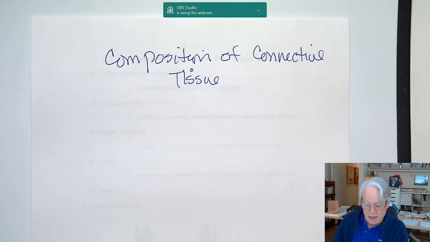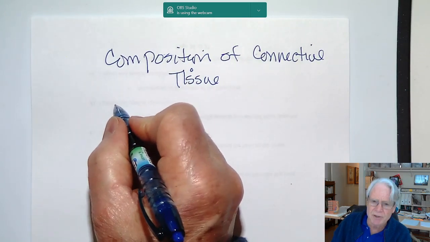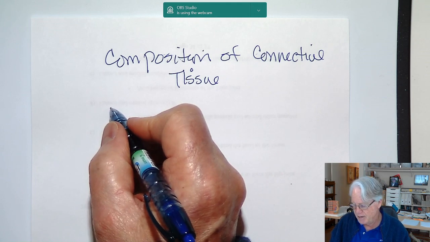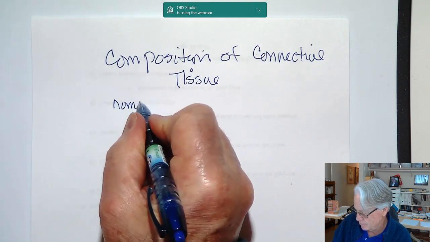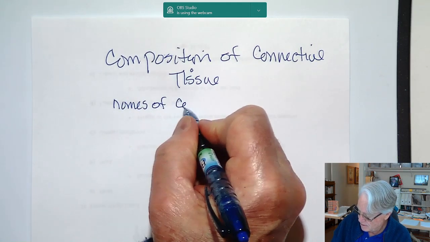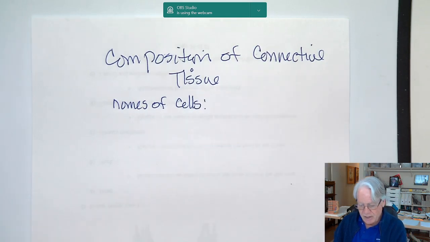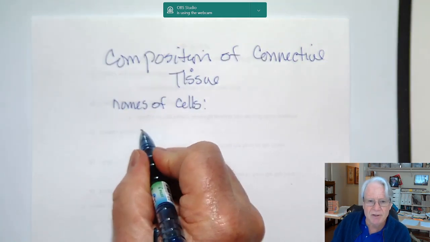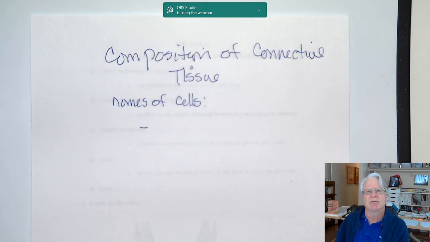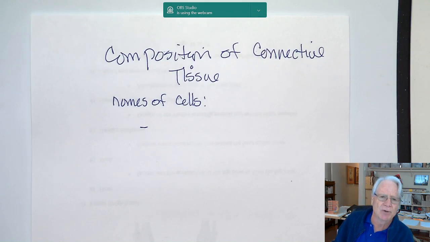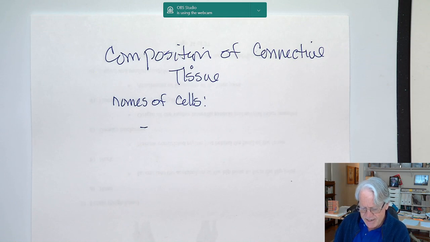Okay. But I want to talk a little bit about nomenclature and the names of cells. One of the things you're going to need to be aware of is that we can identify mature and immature cells by the ending of the name of that cell.